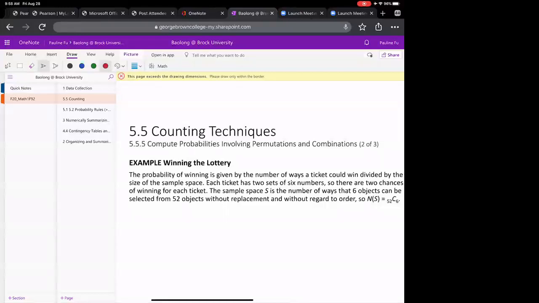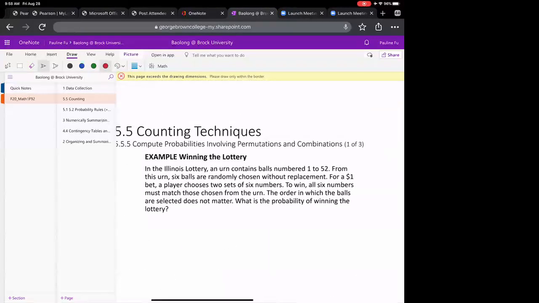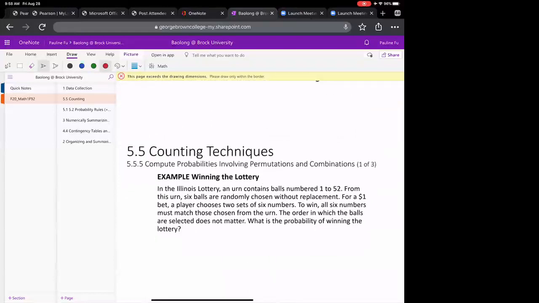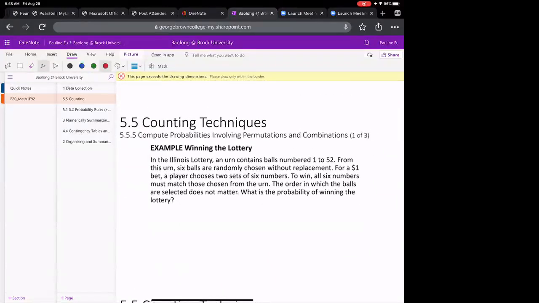Each ticket has 2 sets of 6 numbers. So I will start all over for this question.